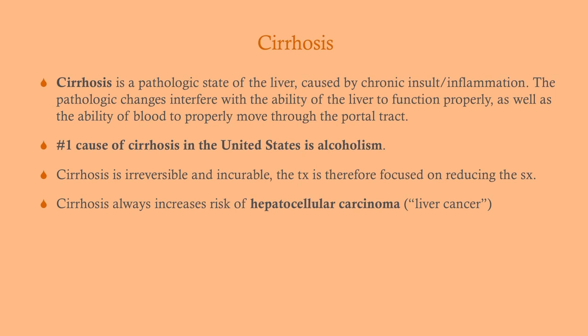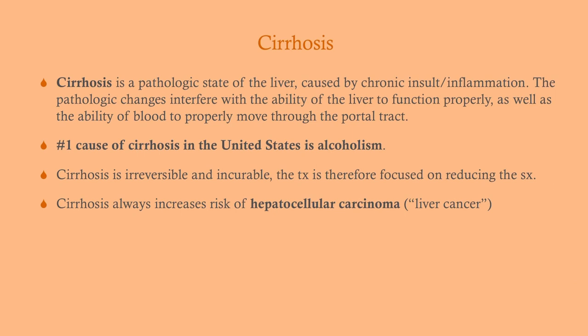Now, these pathologic changes are going to interfere with the ability of the liver to function properly, as well as the ability of blood to move properly through the portal tract. So blood is going to get congested below the liver, and that's what leads to ascites.